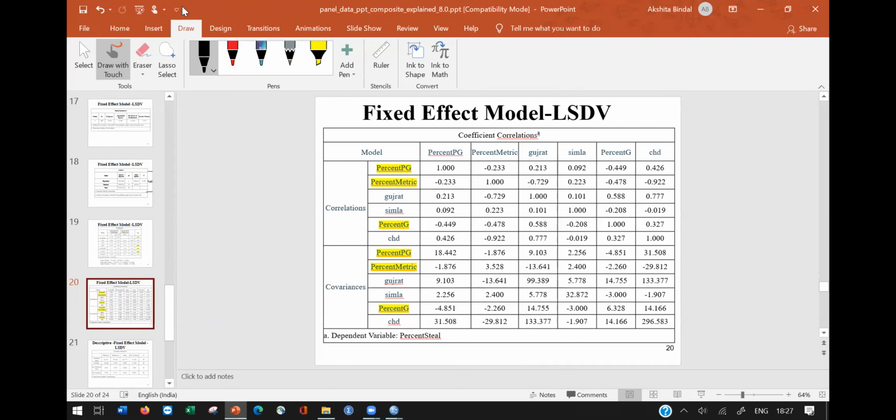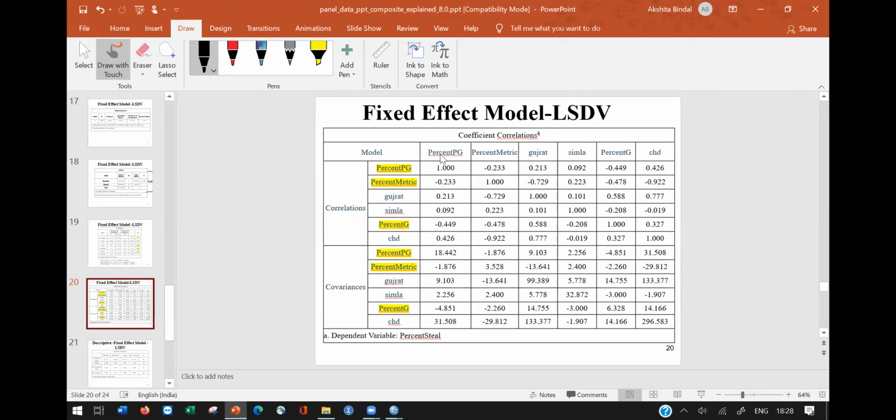Now the coefficient correlations which we got. Though SPSS calculates the correlation and covariance for the nominal variables as well, Gujarat, Shimla and Chandigarh, we are not supposed to consider those results. We'll only take percentage PG, percentage metric, percentage graduate for the correlation and covariance analysis. Again, our diagonal would be the same.